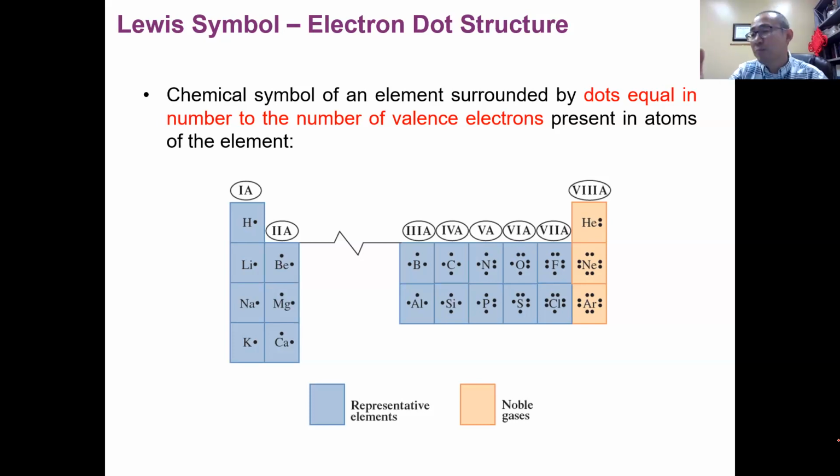Lithium, potassium, hydrogen, group 1A elements, only have 1 dot. Group 3A elements, boron and aluminum, have 3 dots because they have 3 valence electrons. Group 7A elements have 7 dots because they have 7 valence electrons. So we use dots equal to the number of valence electrons because these are involved in bonding. That's called Lewis structures.